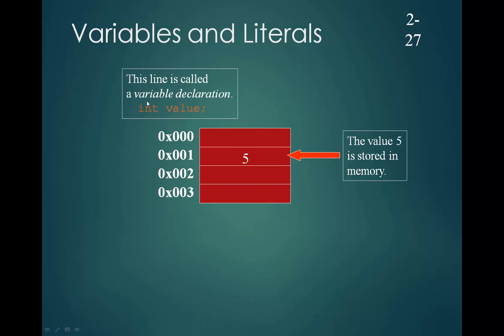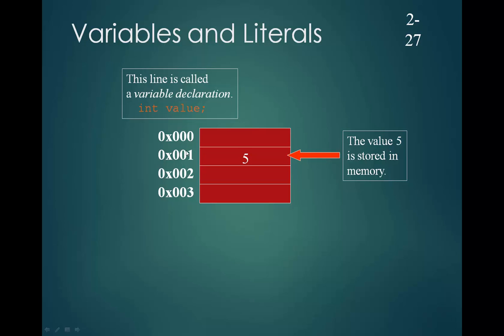As we discussed in class, this creates a storage location for an integer variable, or an int. And if we say value equals 5, remember the equals is an assignment statement, value equals 5 would put the number 5 in this location. And it would be stored there so we can use it later.